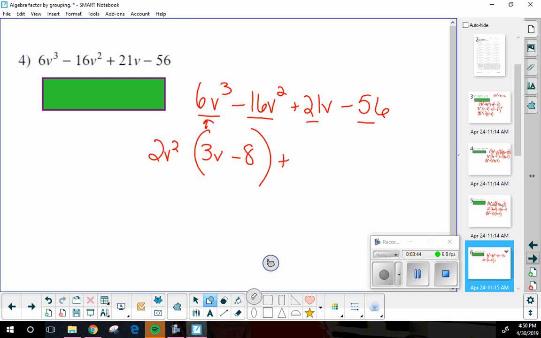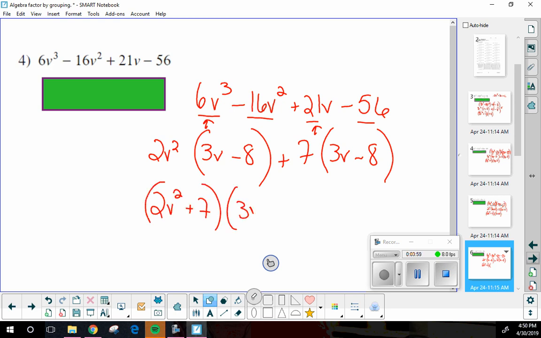And this common factor is 7, so I'd multiply this by 3b to get 21b, and then minus 8 here. 2b squared plus 7, 3b minus 8 then is our final answer.